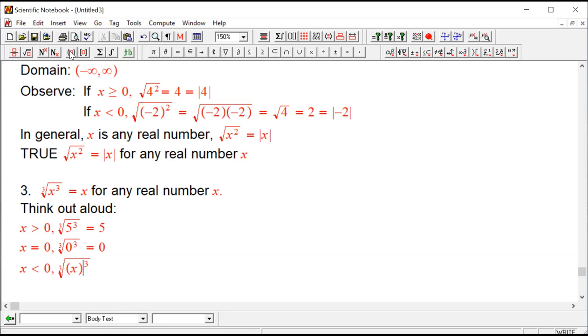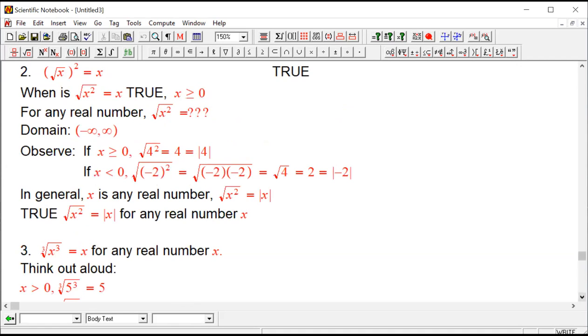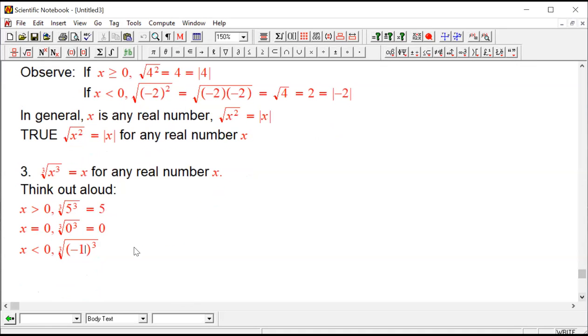Suppose x is -1. Is it true? This is the cubic root of -1 times -1 times -1, order of operations. Then you get the cubic root of -1, since -1 times itself 3 times is still -1.